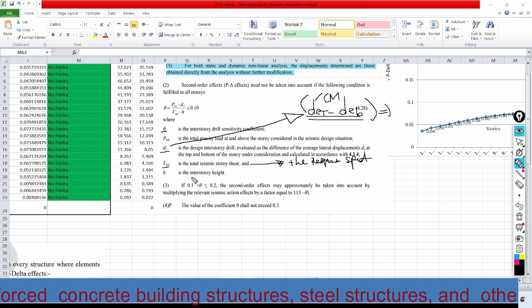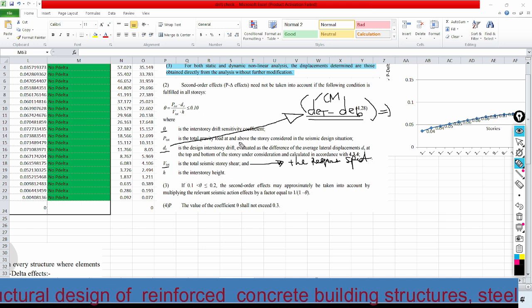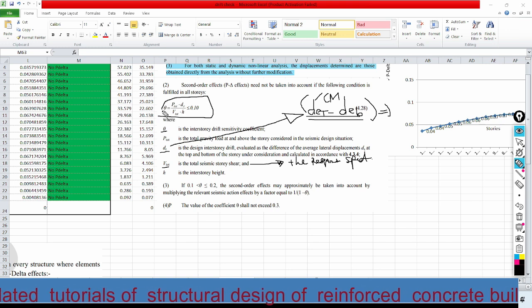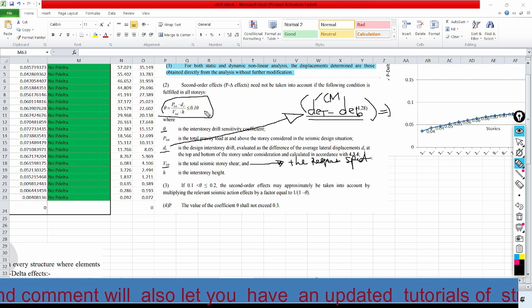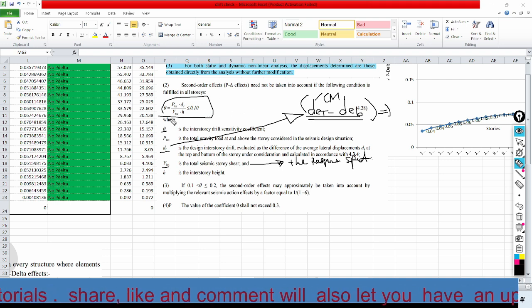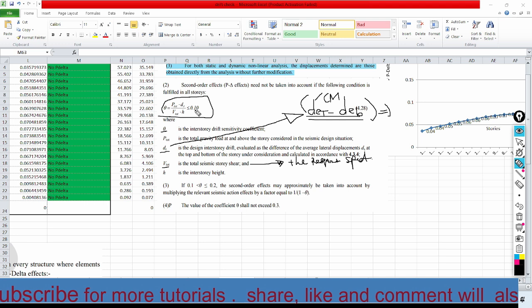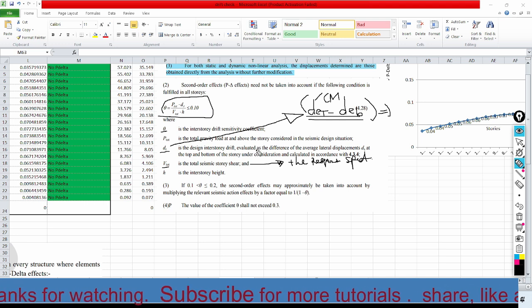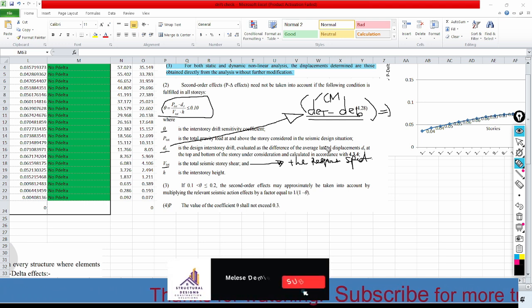And H is nothing but the interstory height. So using this formula, we can calculate the P delta. If it is less than 0.1, no need of considering P delta. If it is greater than 0.1 and less than 0.2, we need to consider the effect of P delta. Okay.